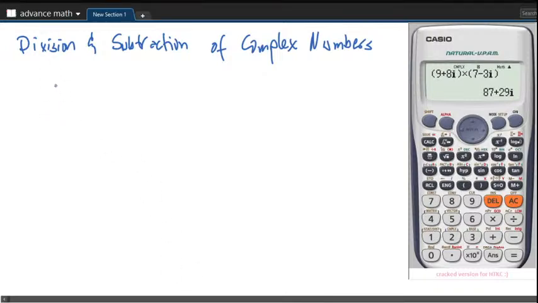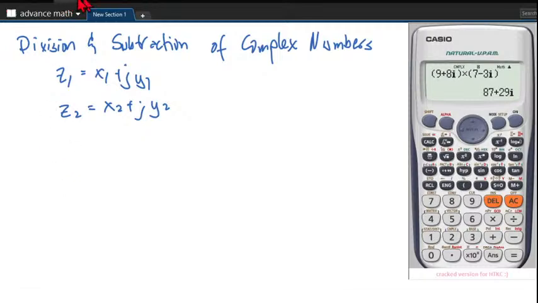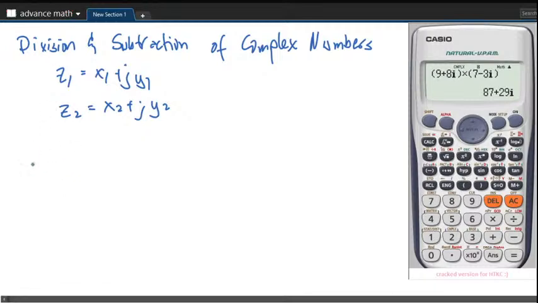For example, we have again here our z1, that will be x sub 1 plus j y sub 1, and z2 is x sub 2 plus j y sub 2. Then we will have z equals z sub 1 minus z sub 2.